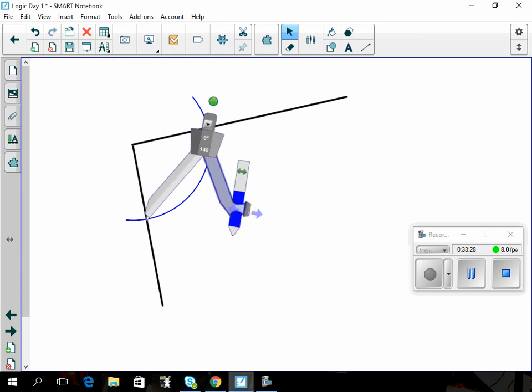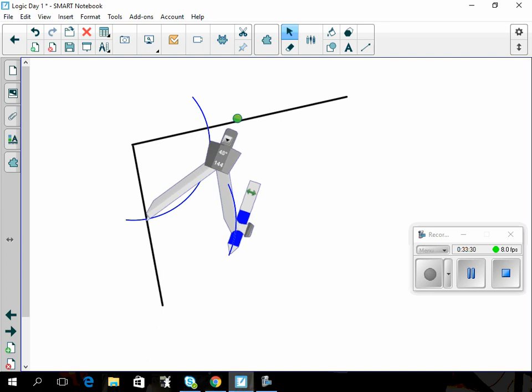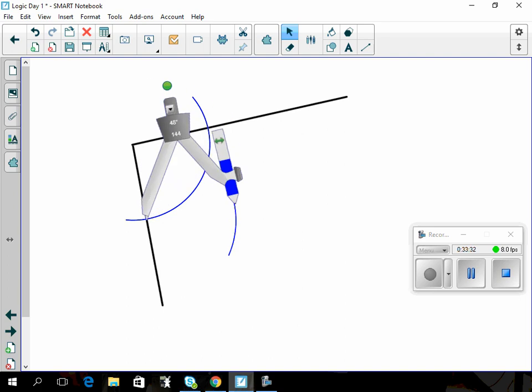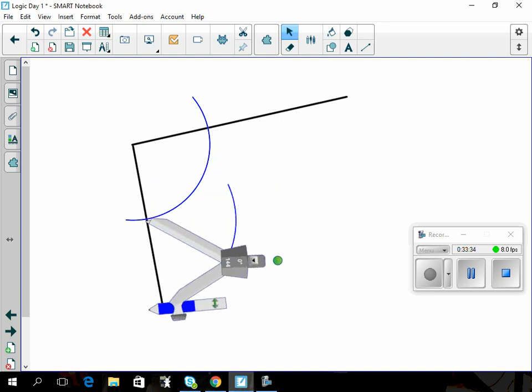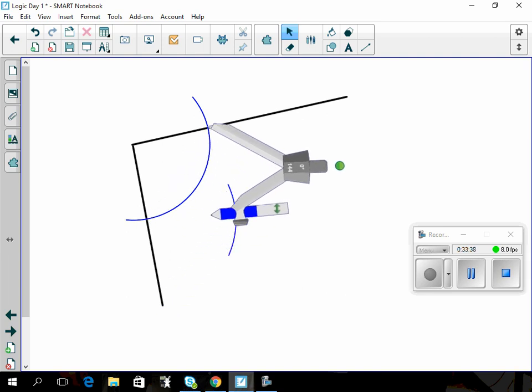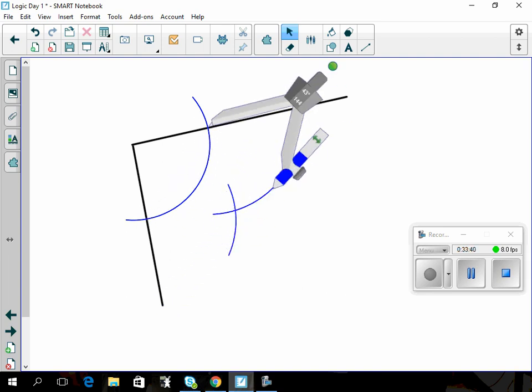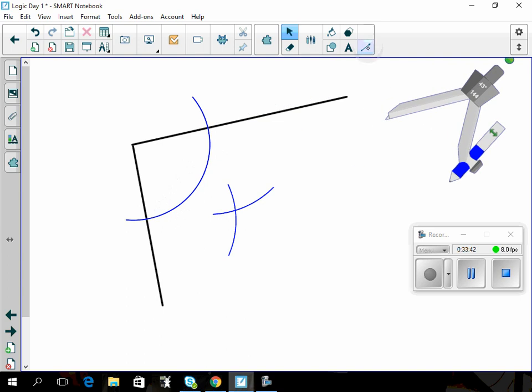And I'm going to open it up a little bit. You probably don't even have to do the open part. Move it out. We're trying to make an X out in the middle. Notice where I'm moving my compass to the other point, and I've made an X. Once you've created that X, that new point, I can bisect the angle.